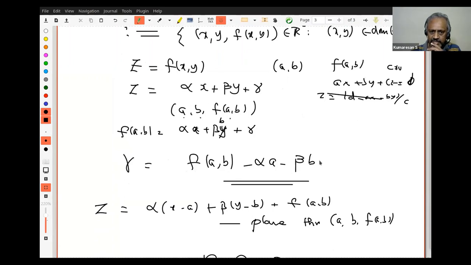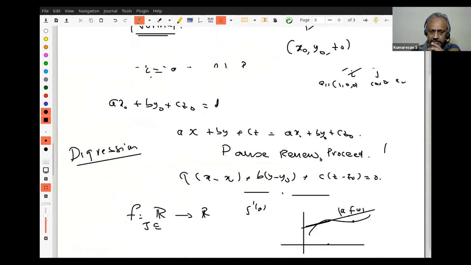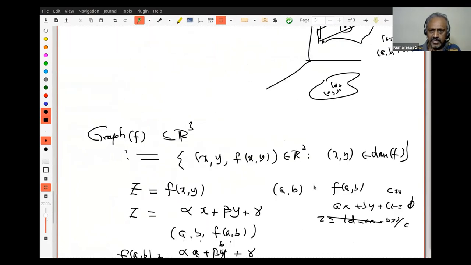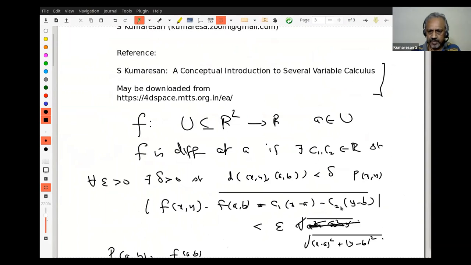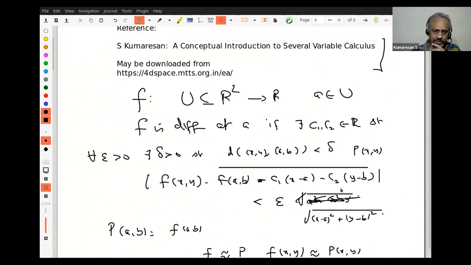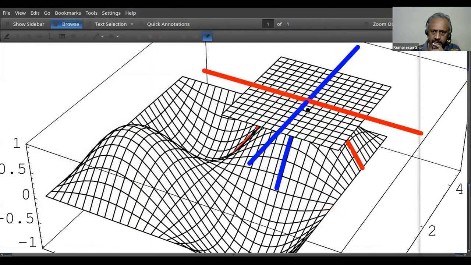So to say it's a tangent plane, what I need is to find α and β, which I call c1 and c2 in the definition. And to say this is a tangent plane, what do I do? Let us look at the picture which I showed you earlier. Right?